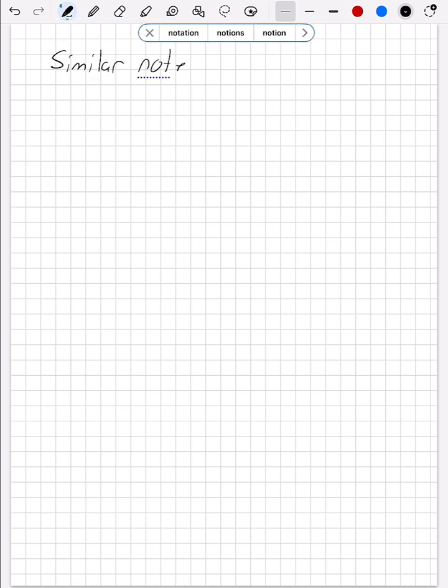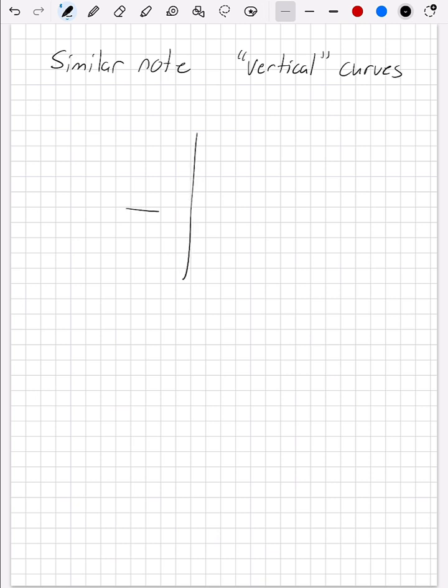And so then the last thing I want to make a note of, on a similar note to what we are already doing, if we are given vertical curves, I'm going to put vertical in quotes there because it's not really proper, but vertical curves, like let's say we have x equals y squared plus 1, which looks something like this.